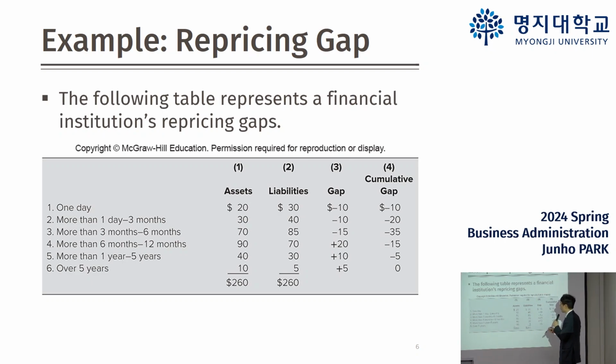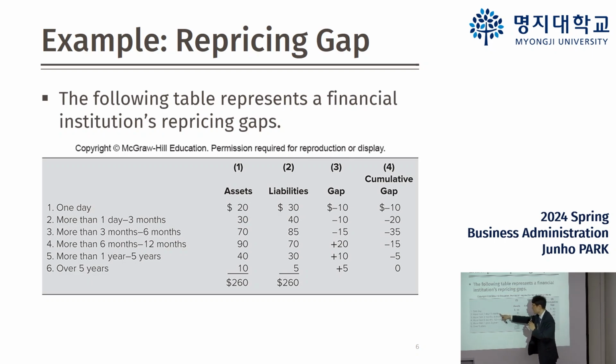And then for each bucket, we are going to calculate the gap as the difference between assets and liabilities. So the gap for the first bucket is 20 minus 30, so it will be minus 10.